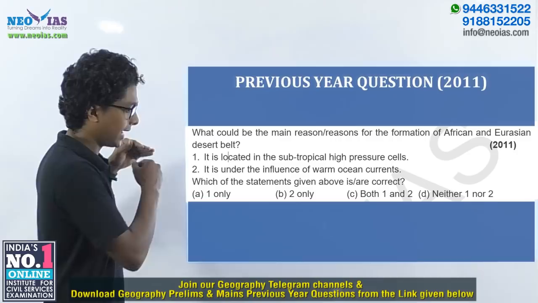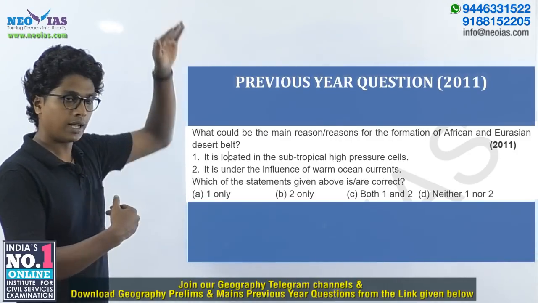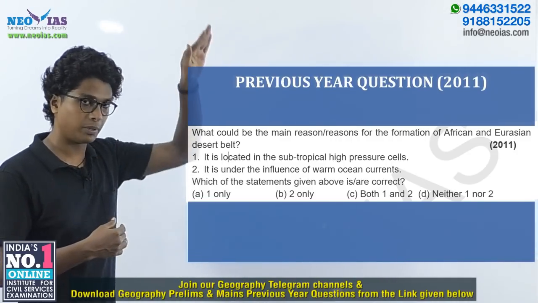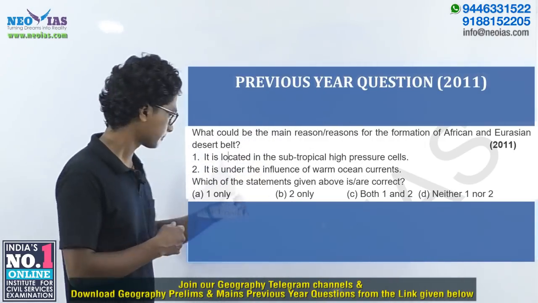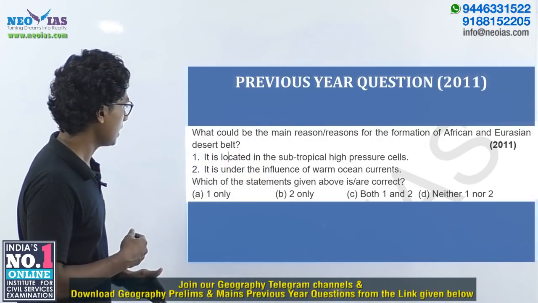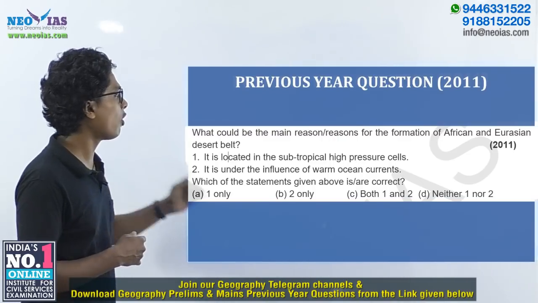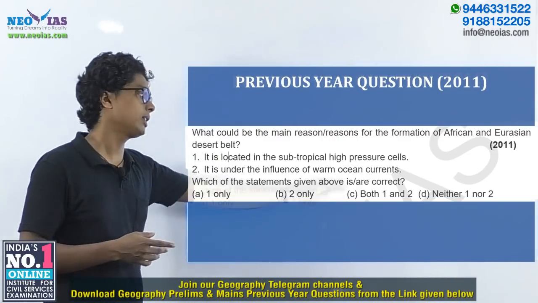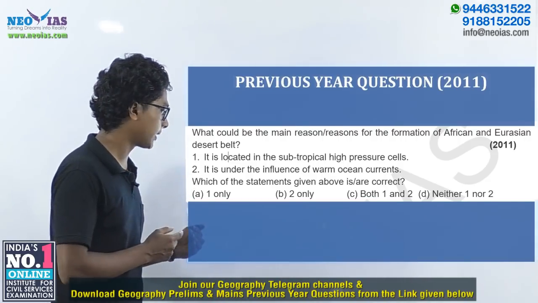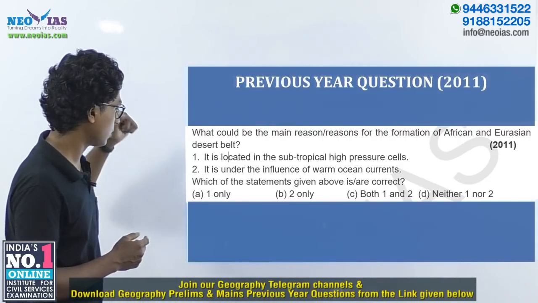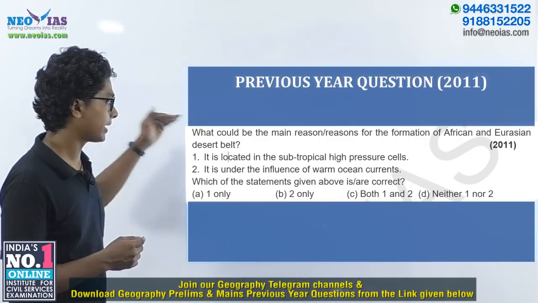We have seen that along the subtropical high pressure belt, we will have subsiding wind, which will discourage the precipitation and favor the formation of desert. And the second statement, it is under the influence of warm ocean currents. It's not under the influence of warm ocean currents, rather it's under the influence of cold ocean currents. And here the answer comes out as 1 only, or you can say A.